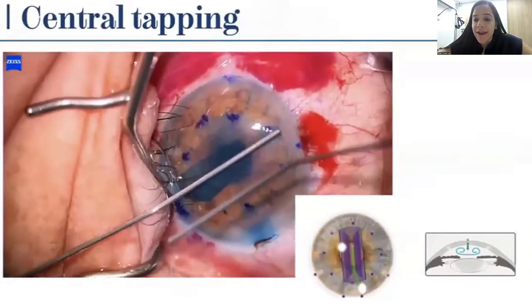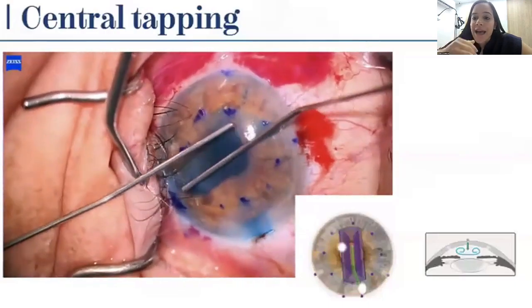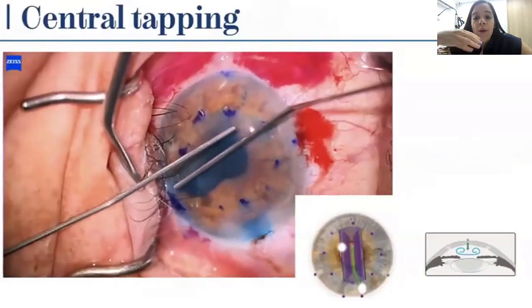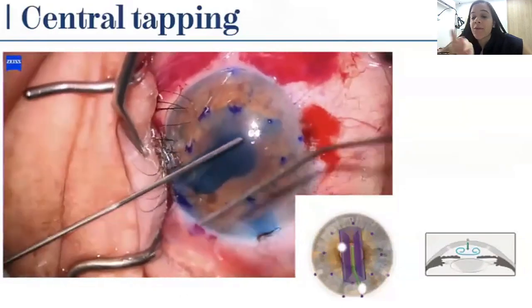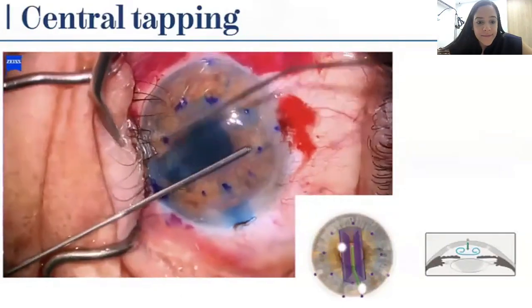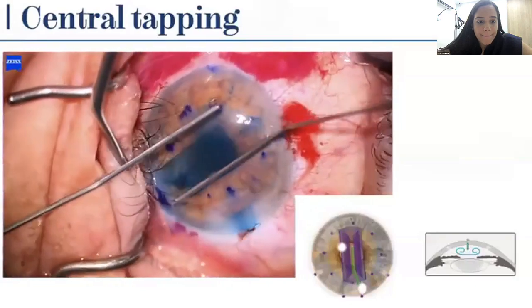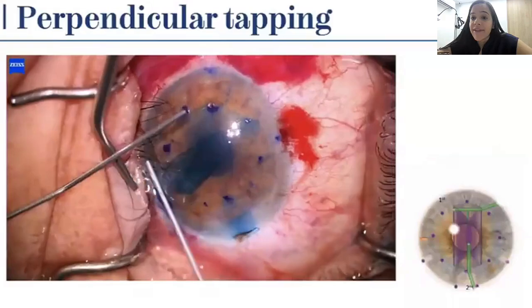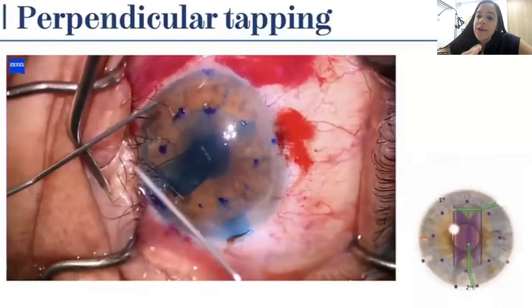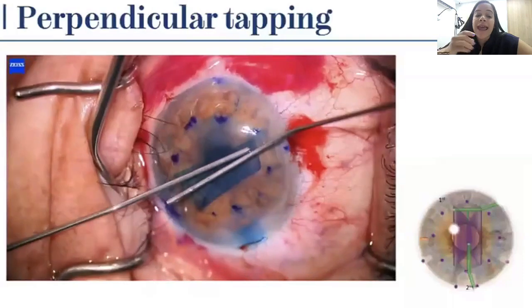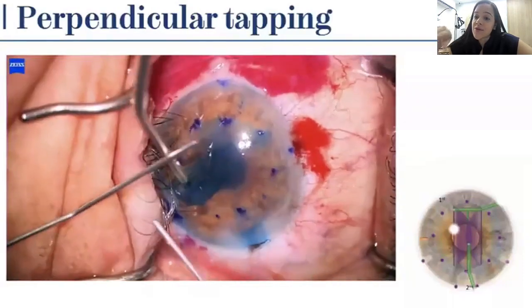When you have your graft in, you can tap on the center along the long axis of the scroll, which will generate a fluid wave that will unfurl the graft from the center outward. And also we have the perpendicular tapping. Here you will tap perpendicular on the graft at the end of the scroll, and this will send fluid waves into the scroll to open it.